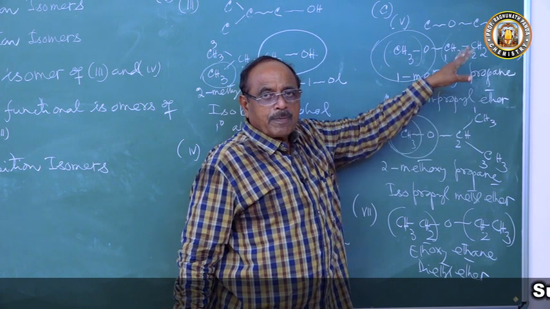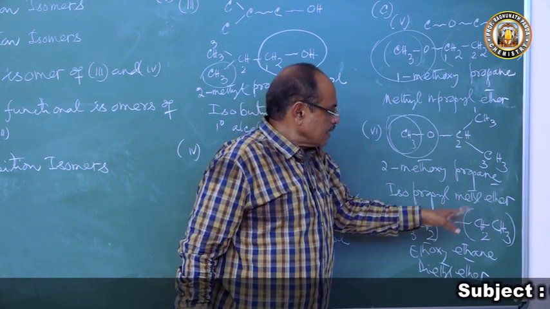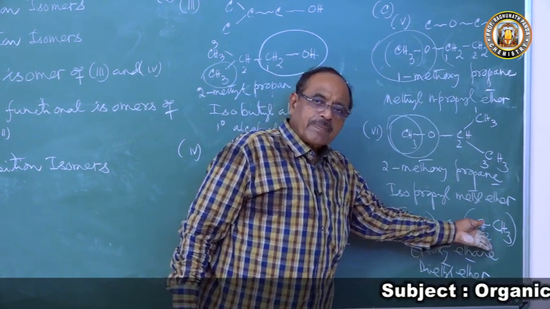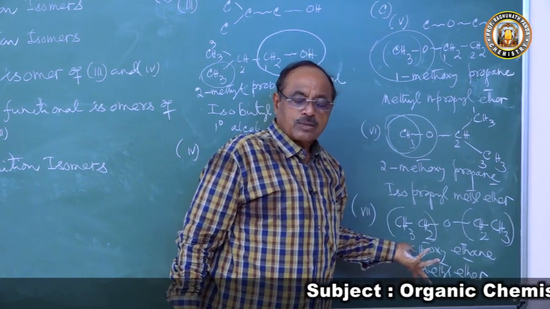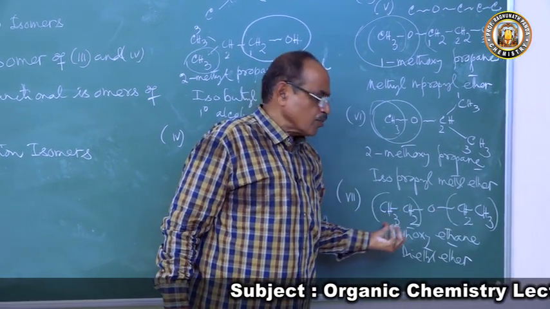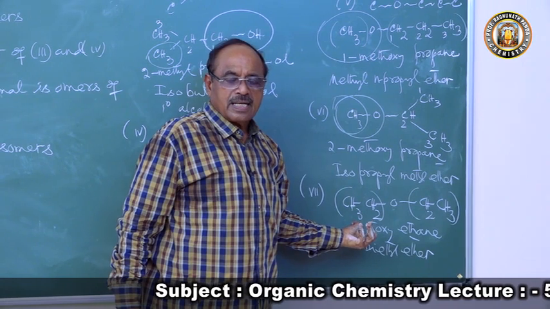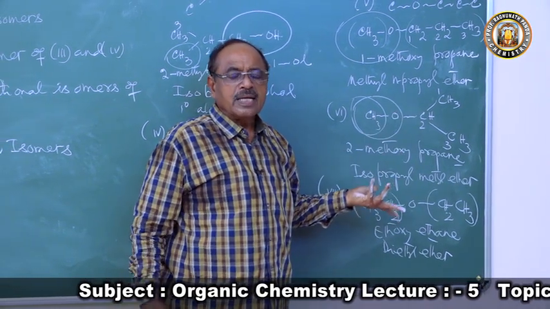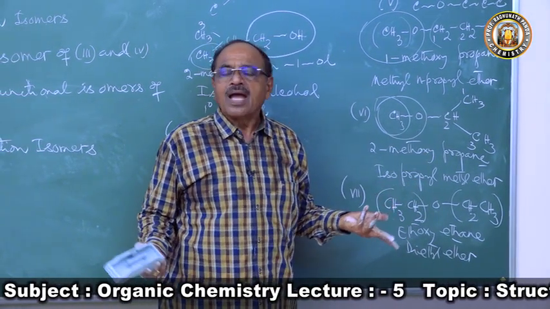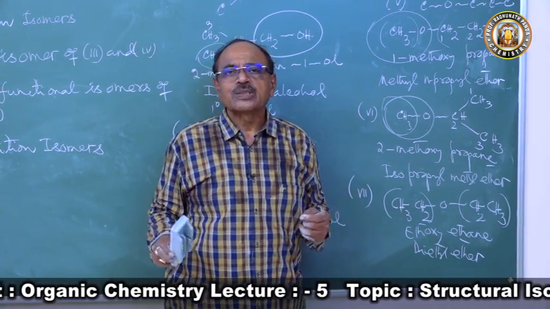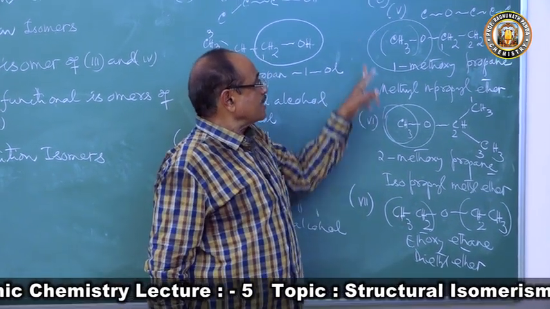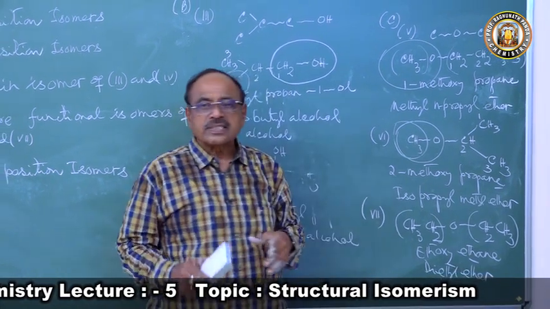So they are one type of metamer, and here on oxygen you have 2 carbon atoms. So this is different because of different arrangement of carbon atoms on either side of the same functional group. So we will say 5 and 6 are metamers of 7.